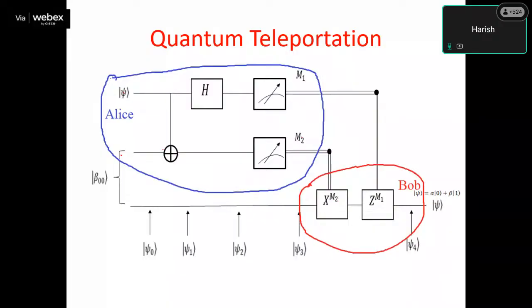Whenever their values are 1, the gates will be applied once. This way, all 4 cases of m1, m2 values are taken care of. Whatever the values of m1, m2, it will cater for them, and accordingly applying these gates you will get the psi state on the receiver side at Bob.